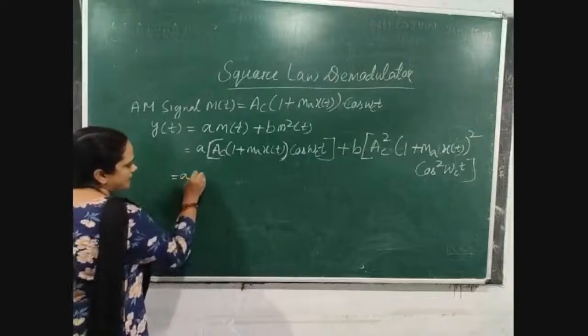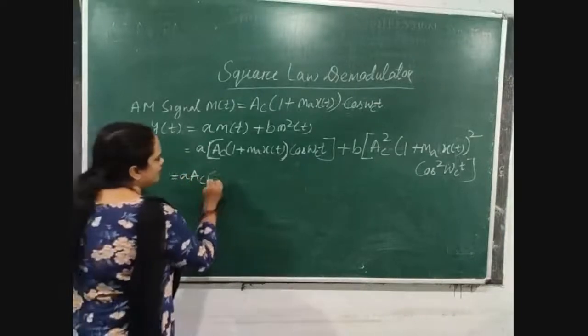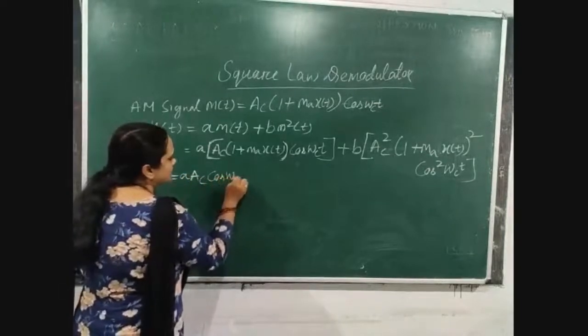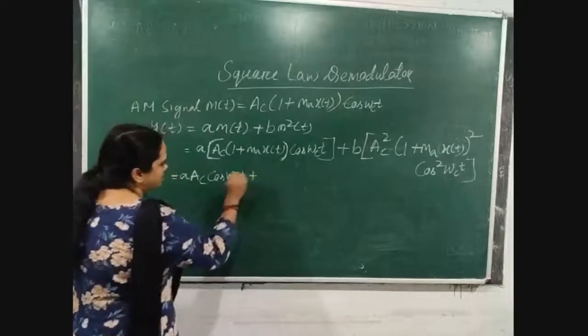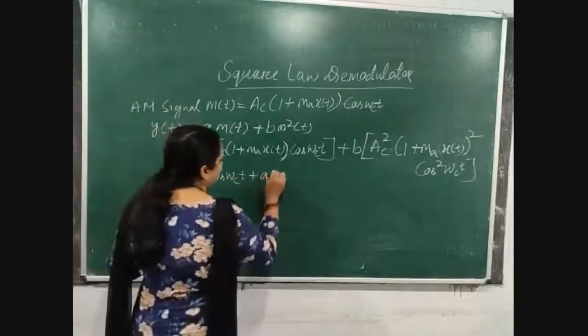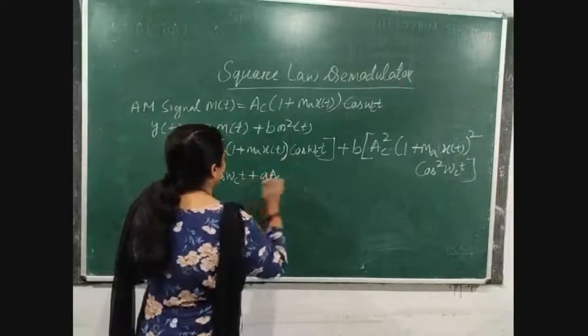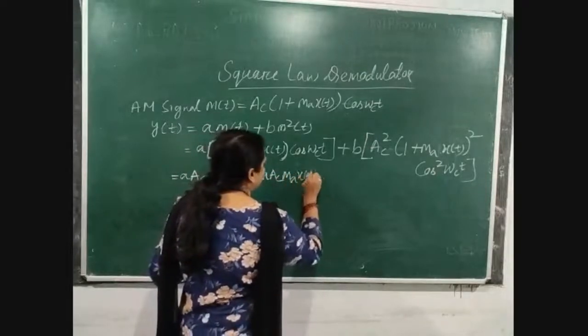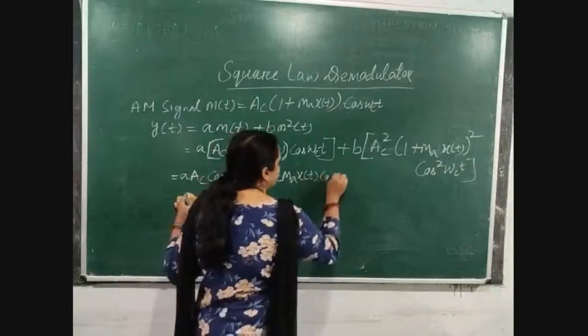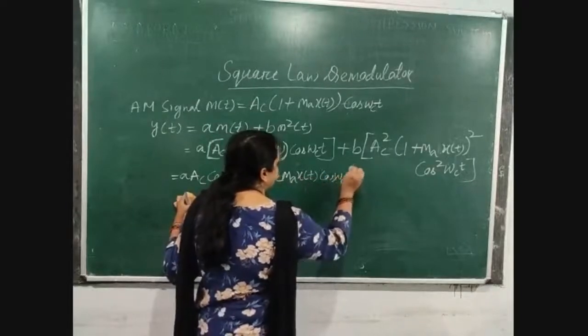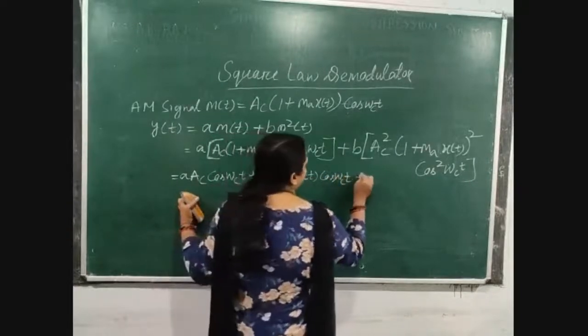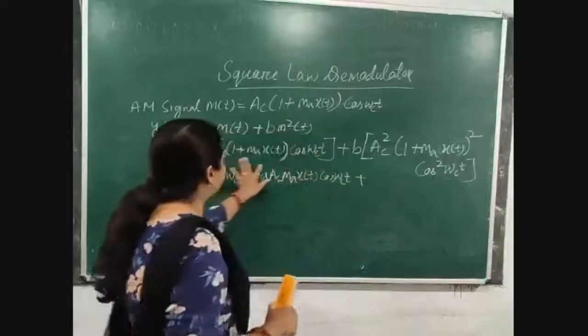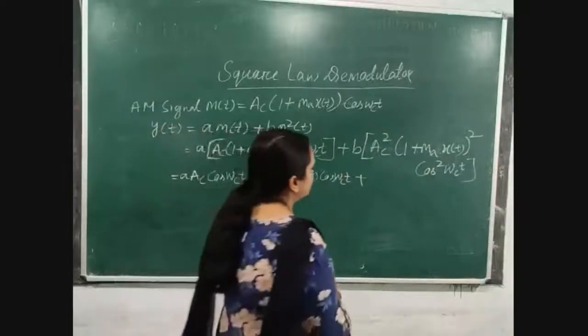So a Ac cos omega c t plus a Ac ma x of t cos omega c t. So we open up the first term, next we go for the second term.